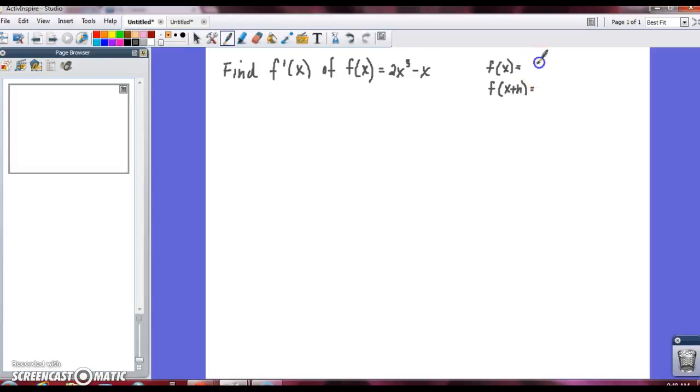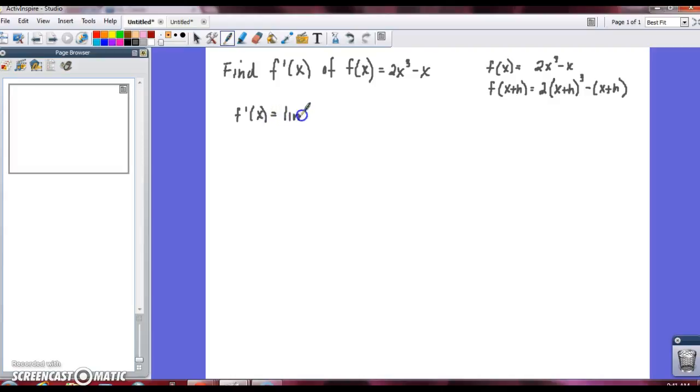Our f of x, obviously, was given to us, that's 2x cubed minus x. Our f of x plus h is going to be 2 times x plus h cubed minus x plus h. And we need those because, remember, by definition, we just said that the derivative is the slope of a curve at a point.